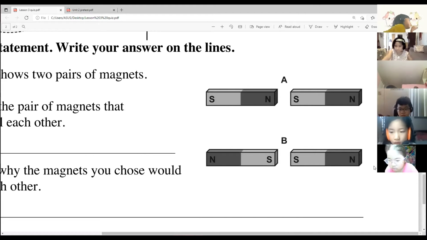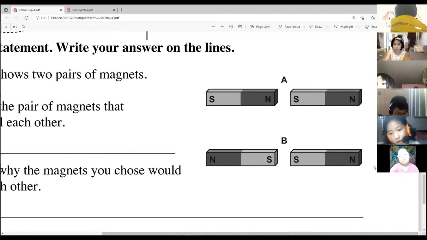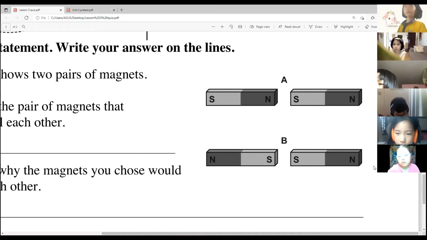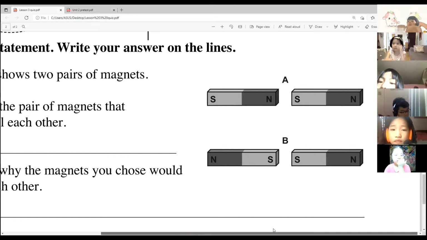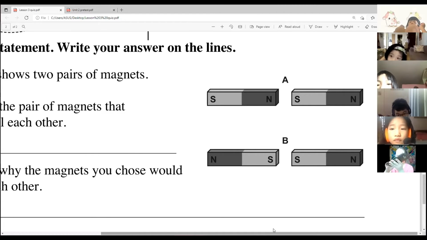Misha, which one did you choose that would repel each other? I choose picture B. Picture B. Why did you choose picture B, Misha? Because in picture B, the two poles are the same poles.